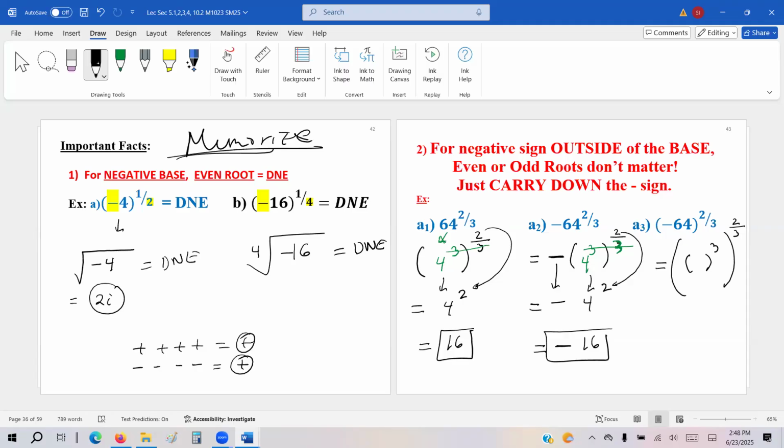Which number 3 times is going to give you positive 64? 4. So which number is going to give you, if you multiply 3 times, negative 64? Negative 4. Remember, odd number, for odd power, if you multiply negative an odd number of times, it becomes negative. So negative 4 times negative 4 times negative 4 is negative 64.